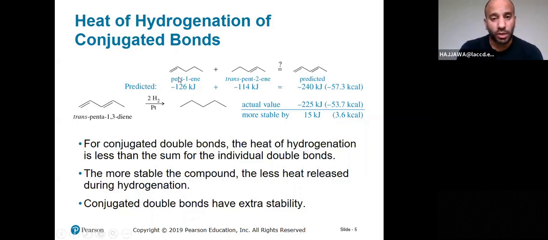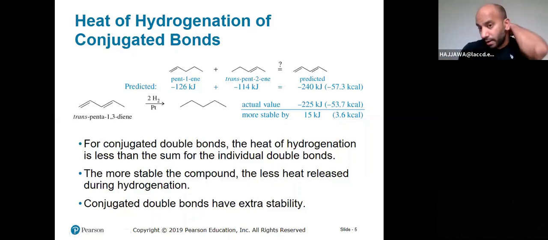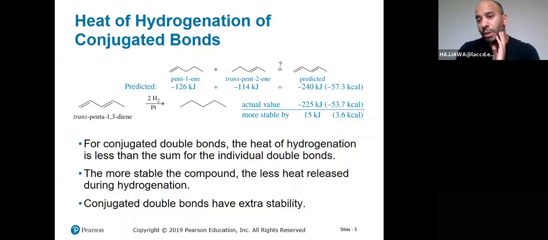So let me repeat. If I take this and do hydrogenation, I will have 126 kilojoules released from the reaction. If I take this di-substituted alkene and do hydrogenation, I will get 114 kilojoules released. If I combine the two in the diene system, which is a conjugated system now, I would expect 240 kilojoules released in this reaction.